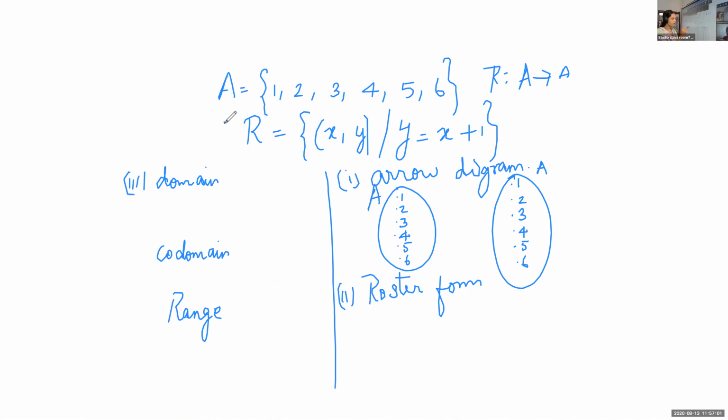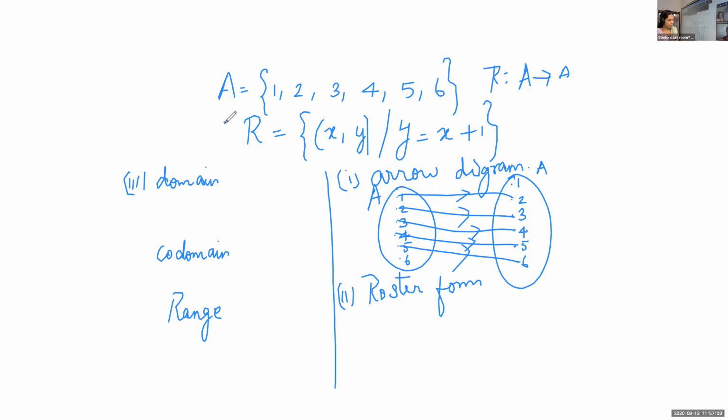So if I take 1, we will join 1 with 2. 1 will be mapped onto 2. Then what about 2? 3. 2 will be mapped onto 3. 3 to 4, 4 will be mapped onto 5, 5 to 6. So this is what we call an arrow diagram. We are drawing the lines and representing the relation.